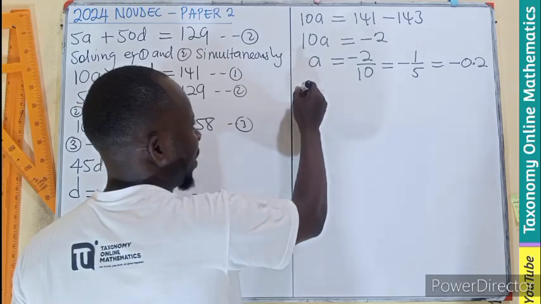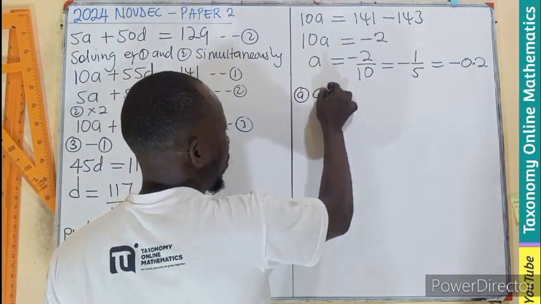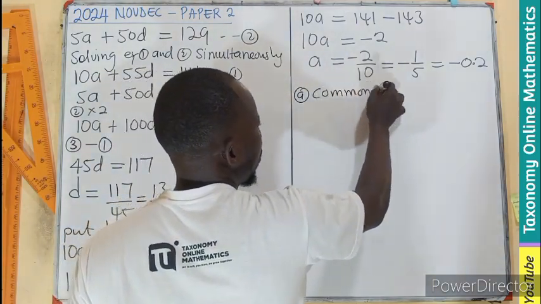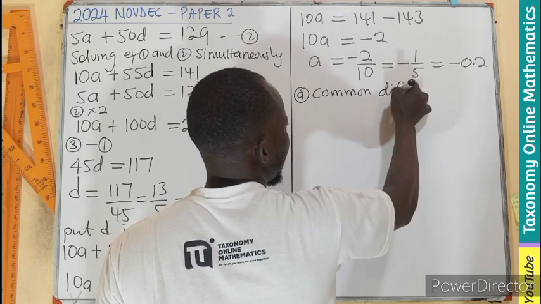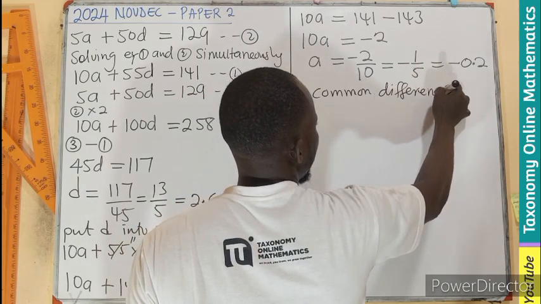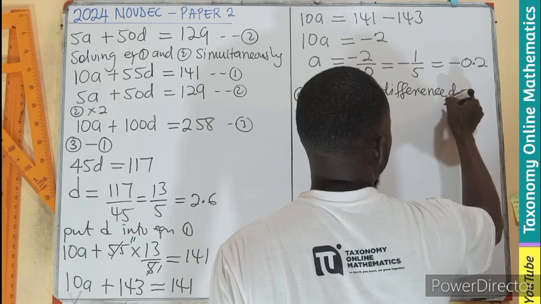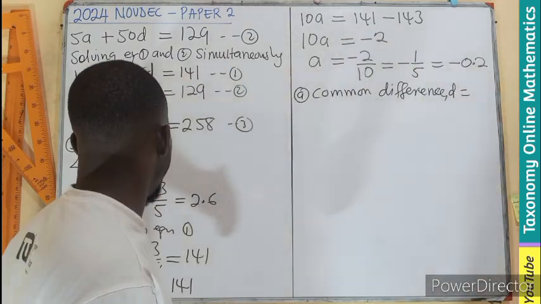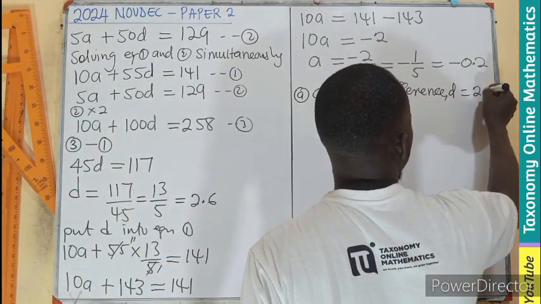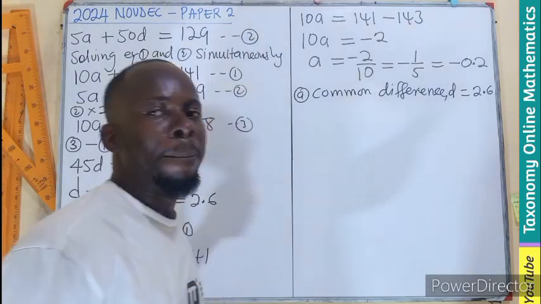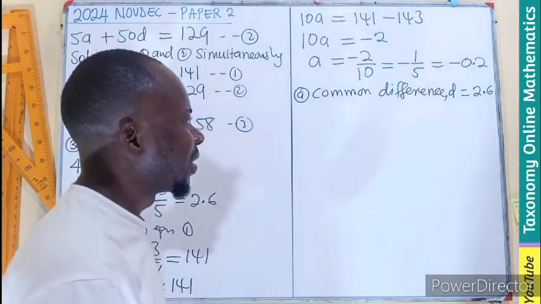But the question is in a way that we have to find common difference, and the common difference which we are using as D will now be equals to, what do we have? That will be 2.6. I'm using the decimal part.